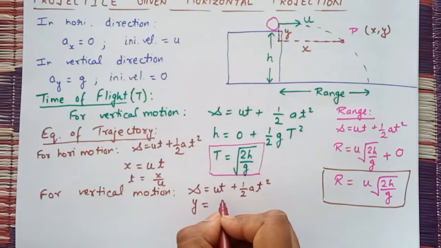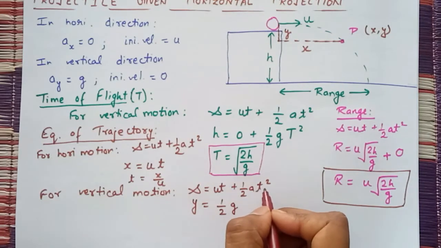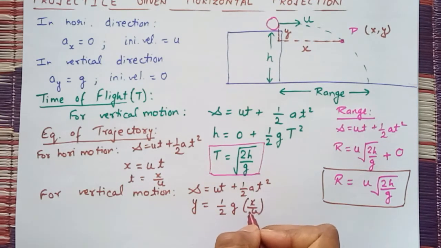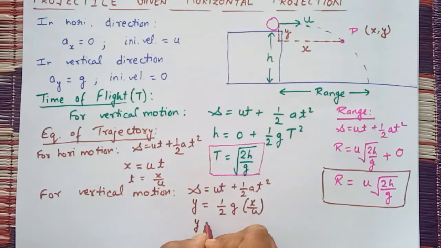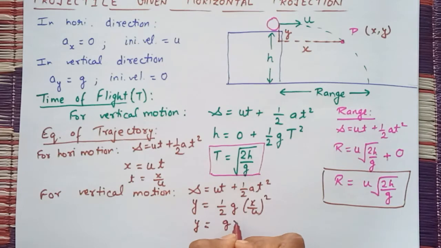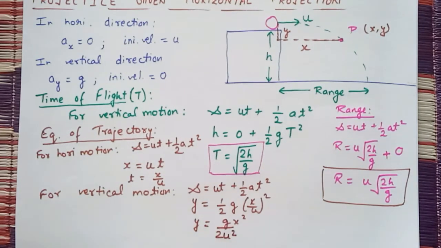And what is acceleration? Acceleration is small g. And what is time? Time is x by u. So putting here x by u, I will get y = gx² upon 2u².